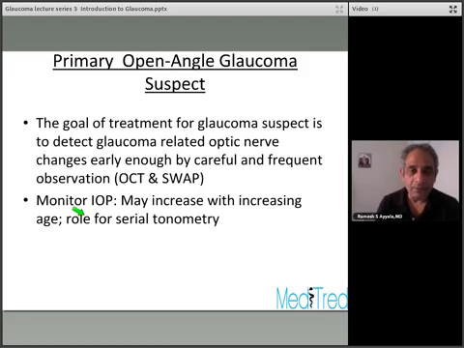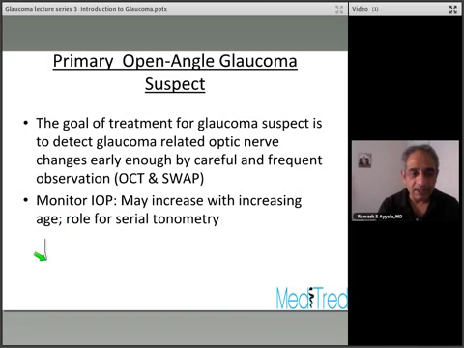One of the keys here is to observe the optic nerve ever so closely and monitor the intraocular pressure. It may increase with increasing age, and also when there is a doubt, there is a role for serial tonometry in these patients. And one thing that I did not mention here is the optic disc.